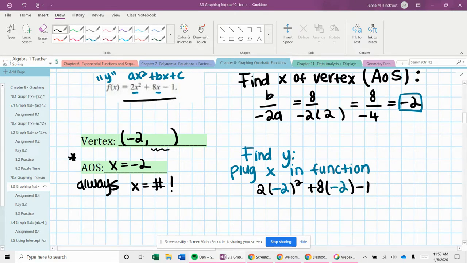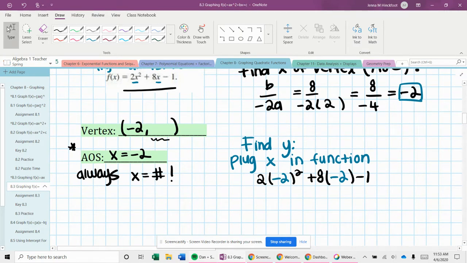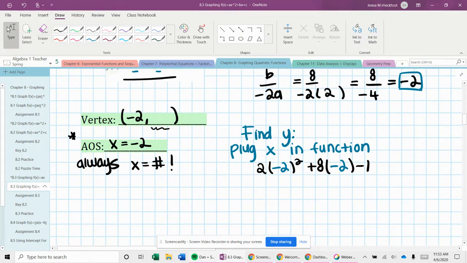So remember, I'm getting that from this. Just simplify. Remember, PEMDAS, you're going to do your exponents first. So that would be the negative 2 squared. Negative 2 squared would just be negative 2 times negative 2, which would be 4. So 2 times 4, and then plus 8 times negative 2, that you can simplify. 8 times negative 2 is negative 16 minus 1.